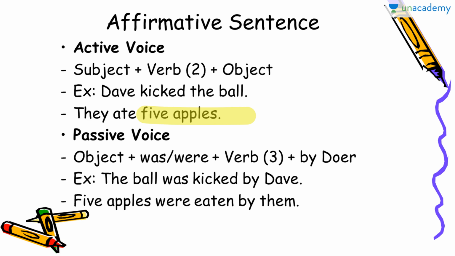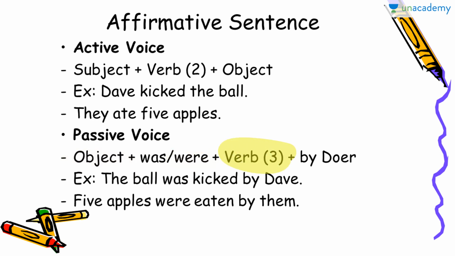Let's now see in passive voice how we can change it. So the object which is in active will come at first while making our sentence in passive voice. Then here we have the option to use was or were. If the object over here is singular, then was will be used. If the object over here is plural, then were will be used.